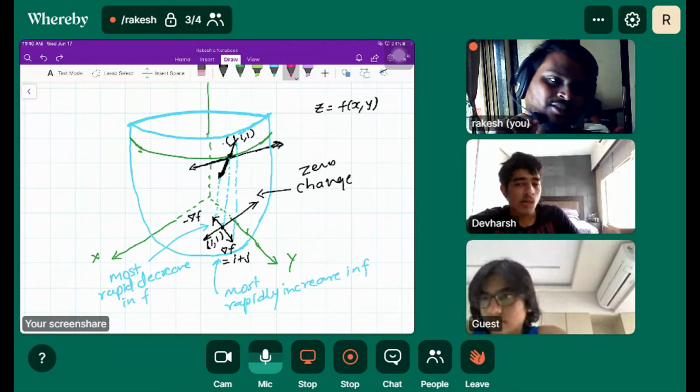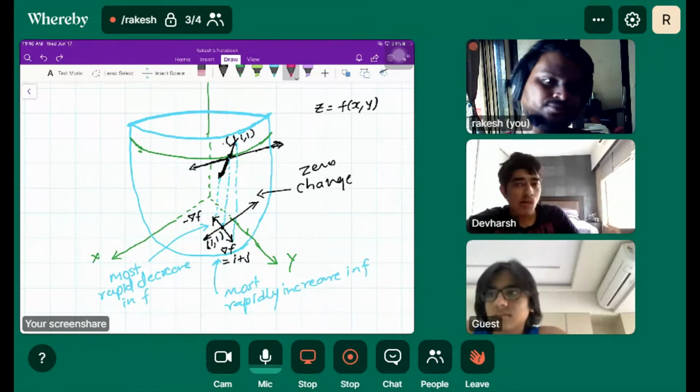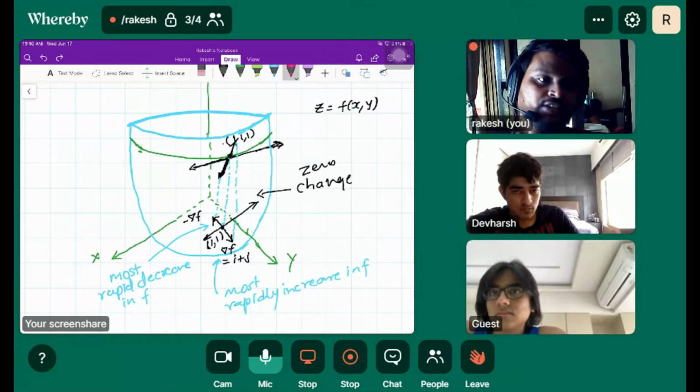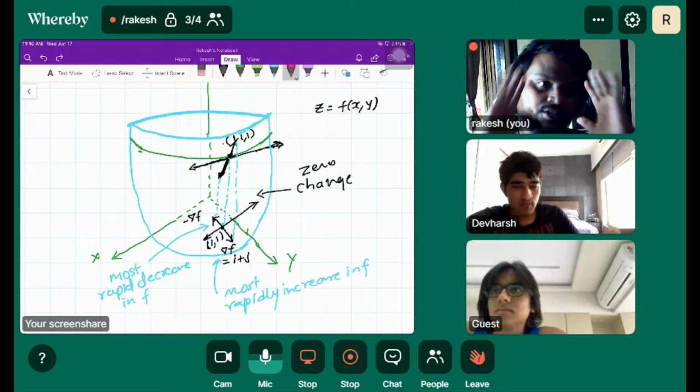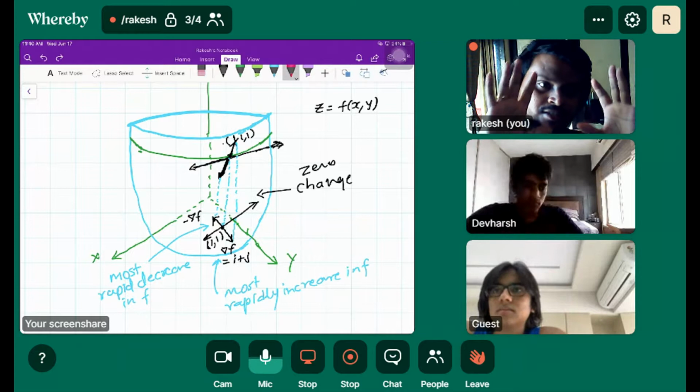The question I am raising again is, where exactly is del f, the gradient vector? We are at the point 1 comma 1 comma 1. Understand the question properly, then only you can answer.